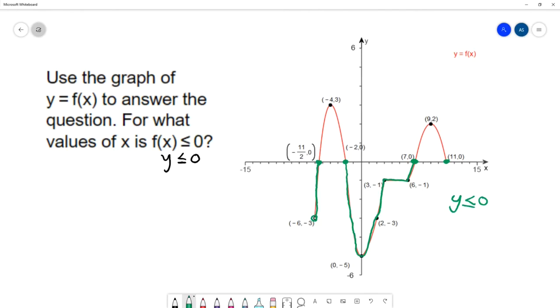So I want to write which x values have y's that are less than or equal to 0. So for this section right here, I want to use interval notation. I want the lowest x and the highest x. That creates my interval -6 to -11 over 2.